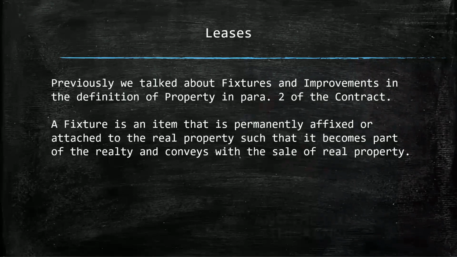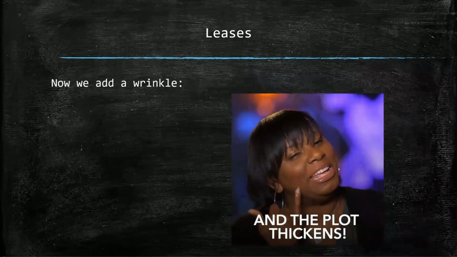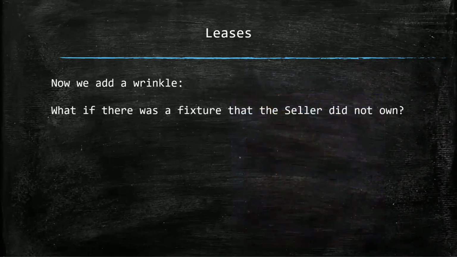So that's review. But now we're going to add in a little wrinkle. What if there was a fixture that the seller did not own? Somebody else owns it. What do we do with those?